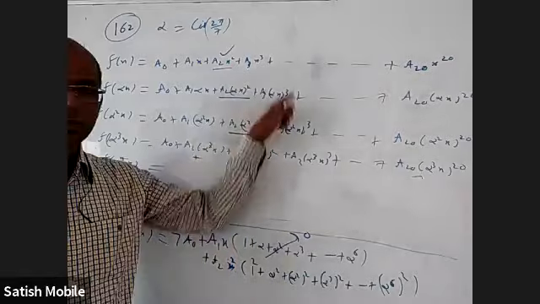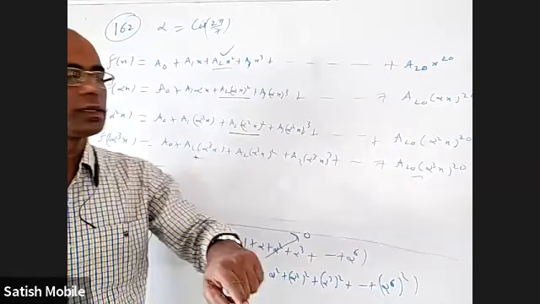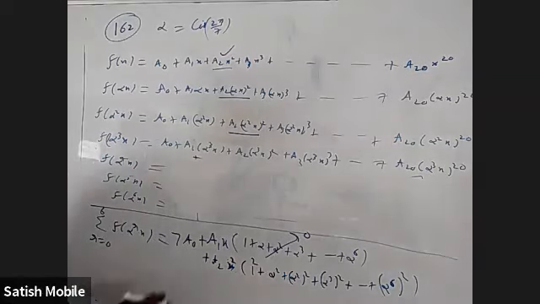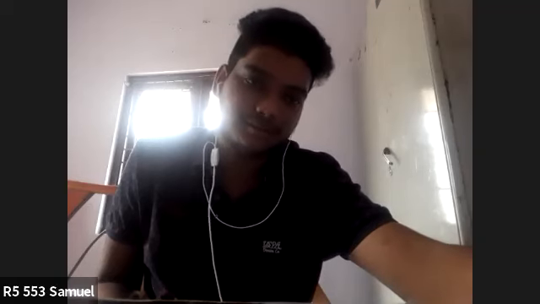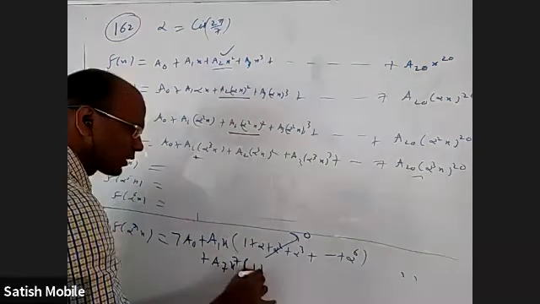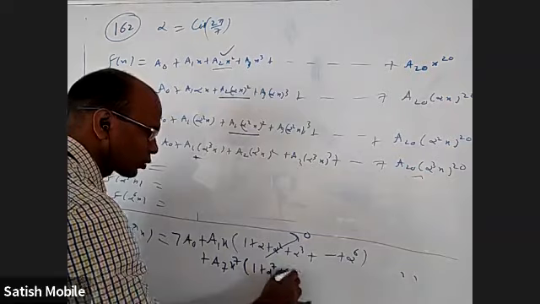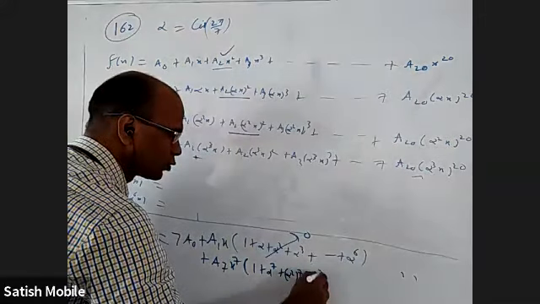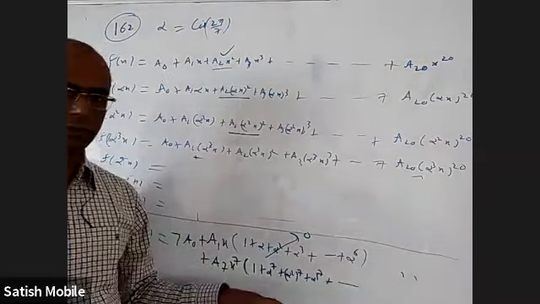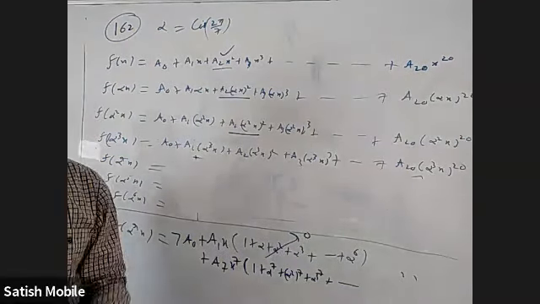Next one is also 0. Next one is also 0. But after some time, you will not get 0. Which time is that? 7 and 14. When you take a7 x power 7 common, what you get is 1 plus alpha power 7, alpha square power 7, alpha cube power 7, so on. That is, this is 1, this is 1, this one is going to be 7. You're going to get 7 a7 x power 7.